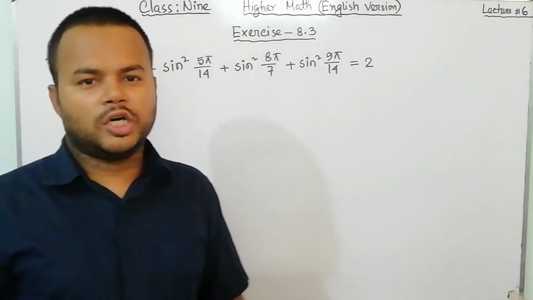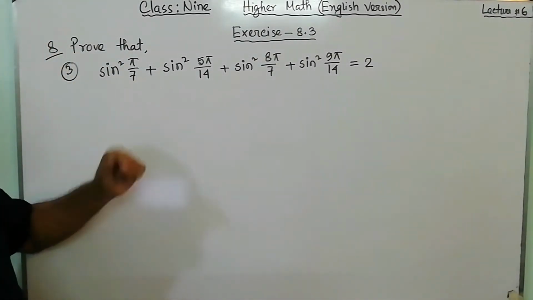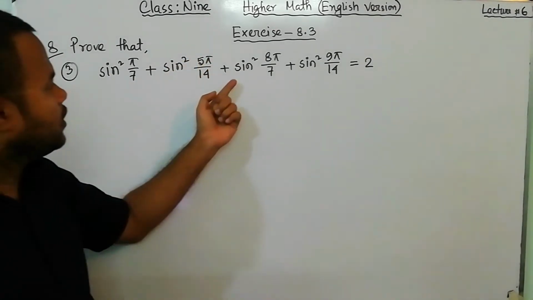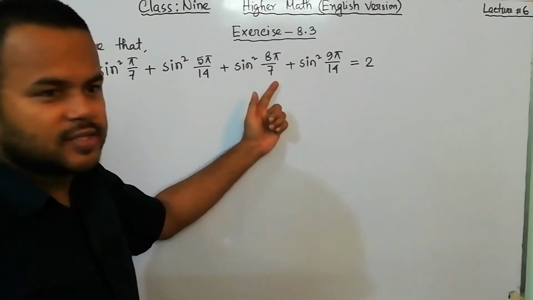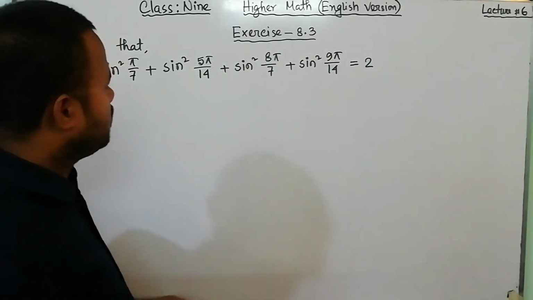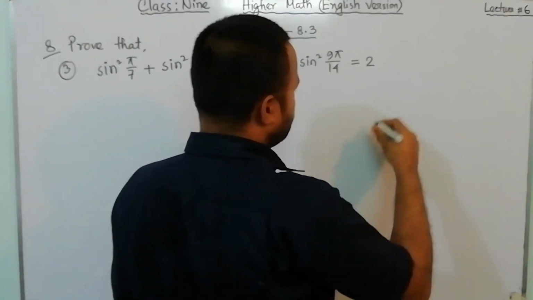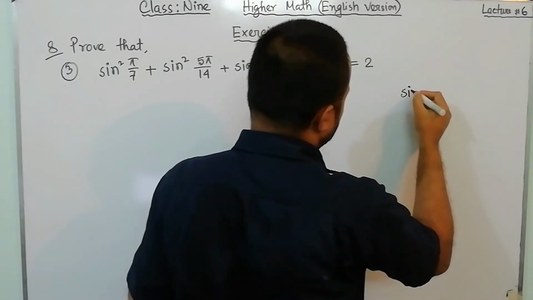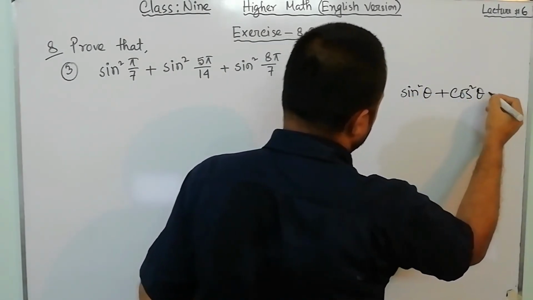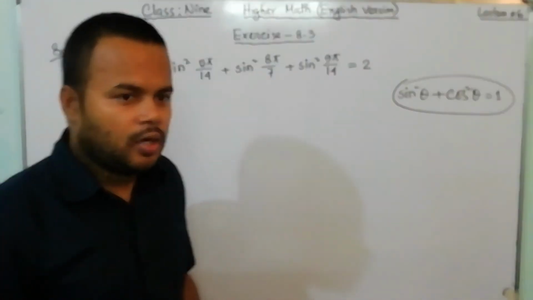Now we will do number 3 from number 8. Here we have to prove sin²(π/7) + sin²(5π/14) + sin²(8π/7) + sin²(9π/14) = 2. Here we will use the formula that we already know, sin²θ + cos²θ = 1.